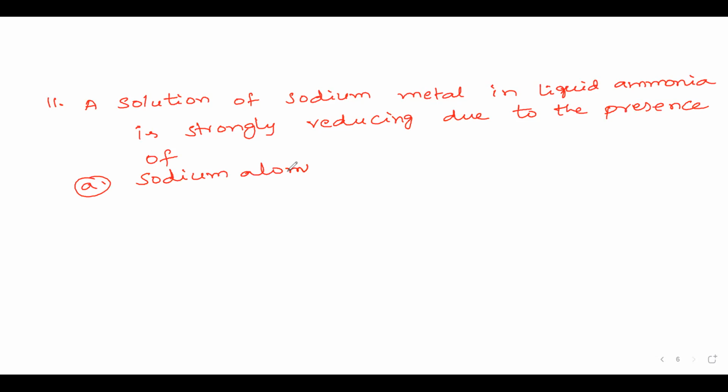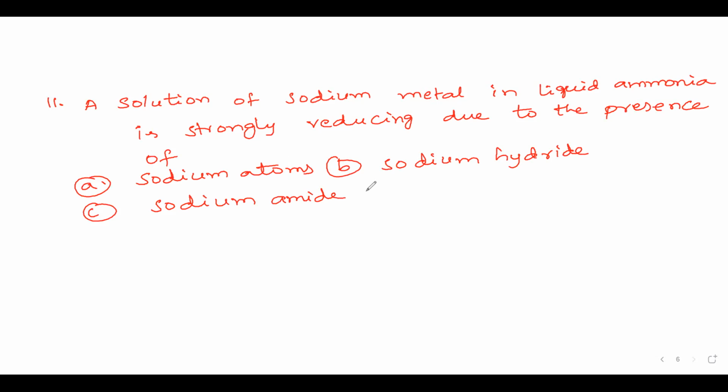Option B, sodium hydride. Option C, sodium amide. Already we know when sodium is dissolved in ammonia it forms sodium amide. But option D, solvated electrons.